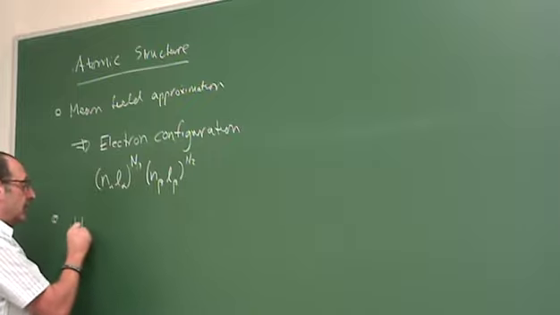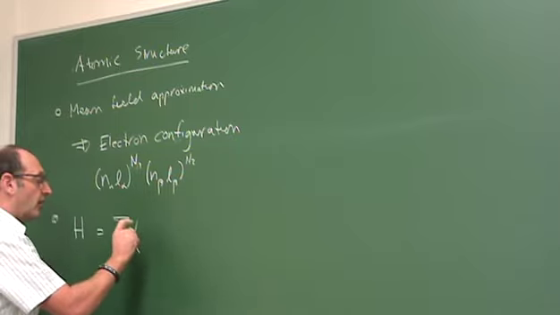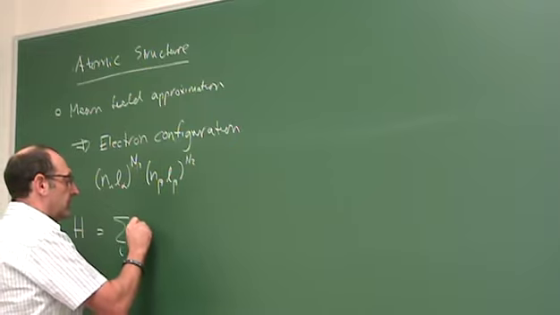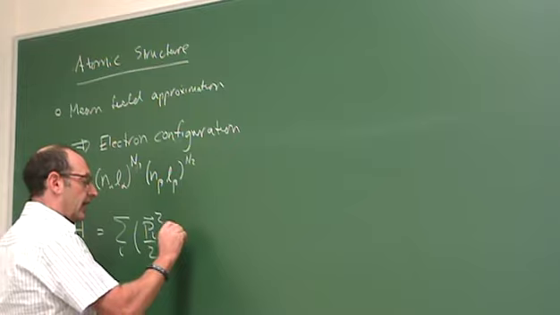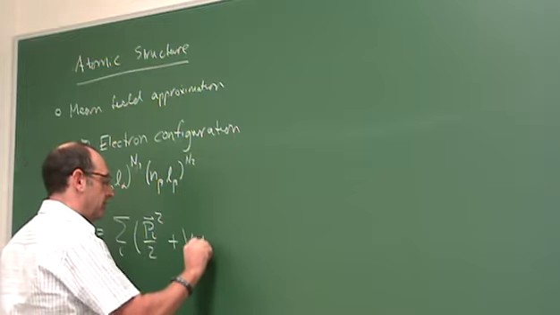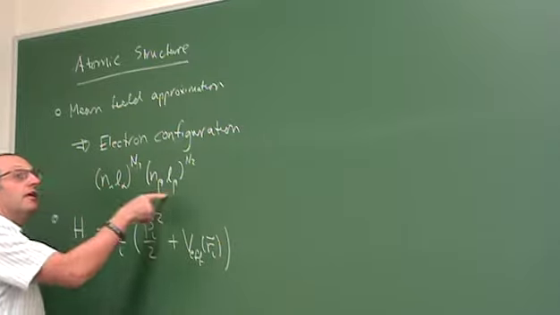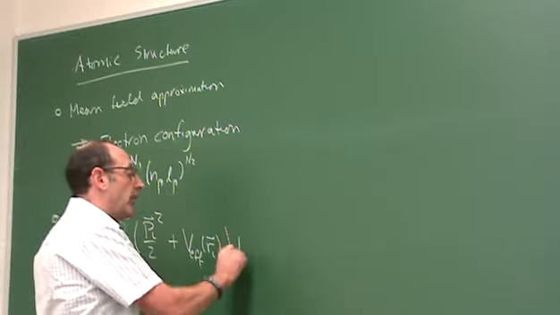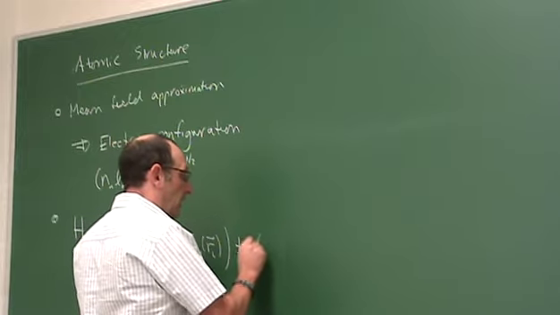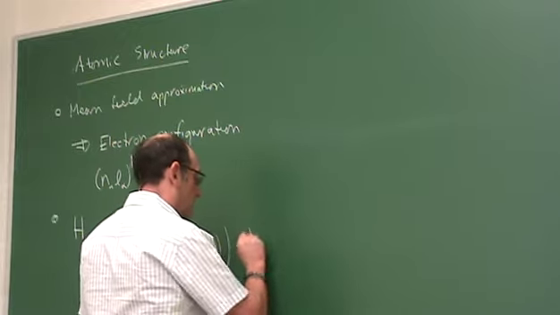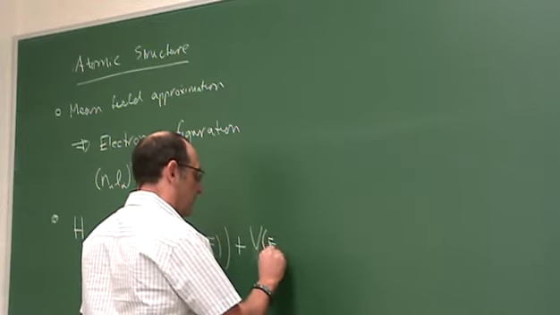So, the Hamiltonian for the system involves the single electron description, which is our separable approximation here for these mean fields, and then corrections, the corrections being due to terms that depend on all the electrons.